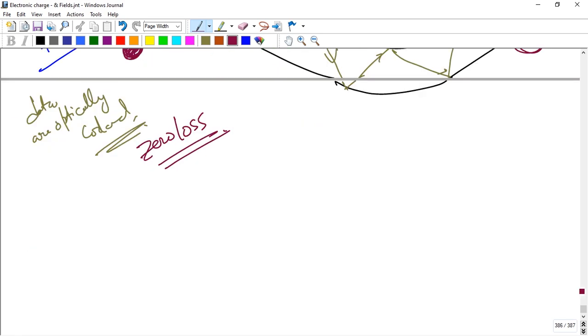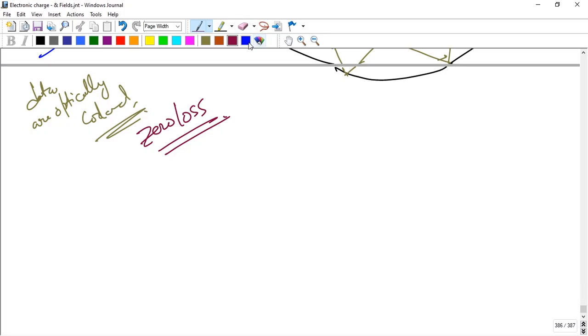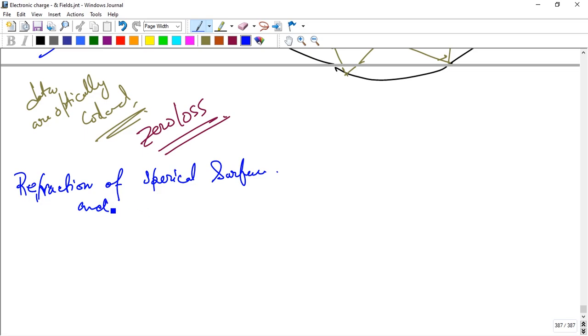Okay. We discuss another important concept, that is refraction at a spherical surface. Okay, and here we discuss the refraction at a spherical surface and at a lens.